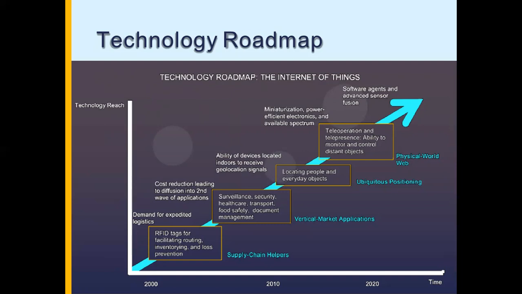Then coming to the next growth, the next step is locating people and everyday objects. Any object or any person moving from one place to another, we can locate where they are. Like Google Maps.